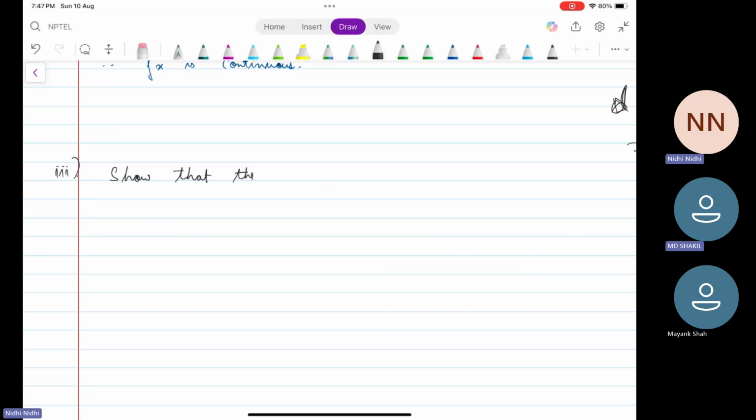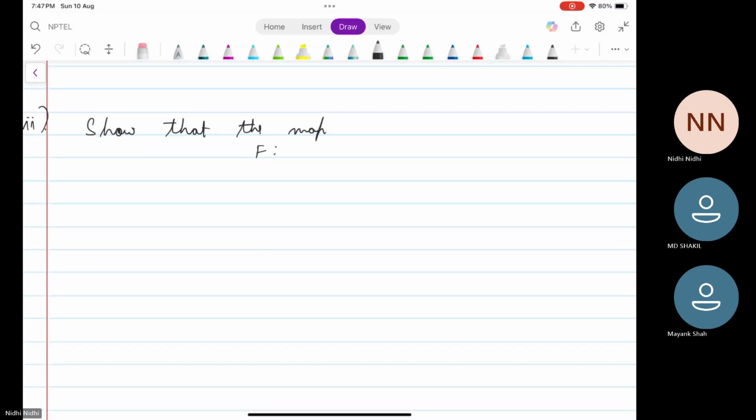That means the distance remains the same. F from X to BC(X,R). So BC(X,R) is the space of all bounded continuous functions.